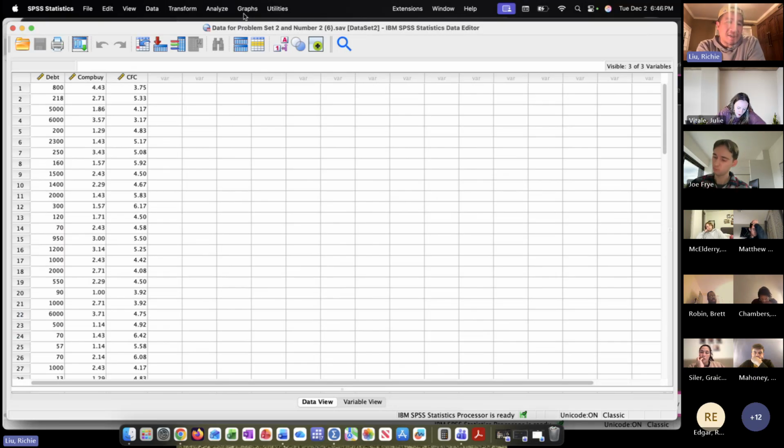I've got CFC, I've got compulsive buying tendencies, and I've got debt. As I identified in the problem, debt is your DV, your outcome measure. And essentially what we're looking at, broadly speaking, is the function of debt as a byproduct of both compulsive buying tendencies and CFC. To bypass all of this, we made it a little bit easier, saying that compulsive buying tendency has a direct relationship influence on debt, right?